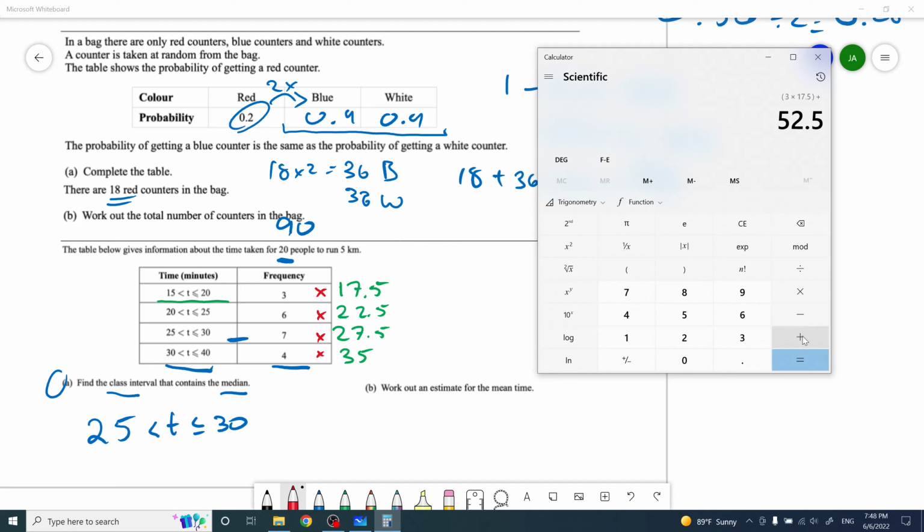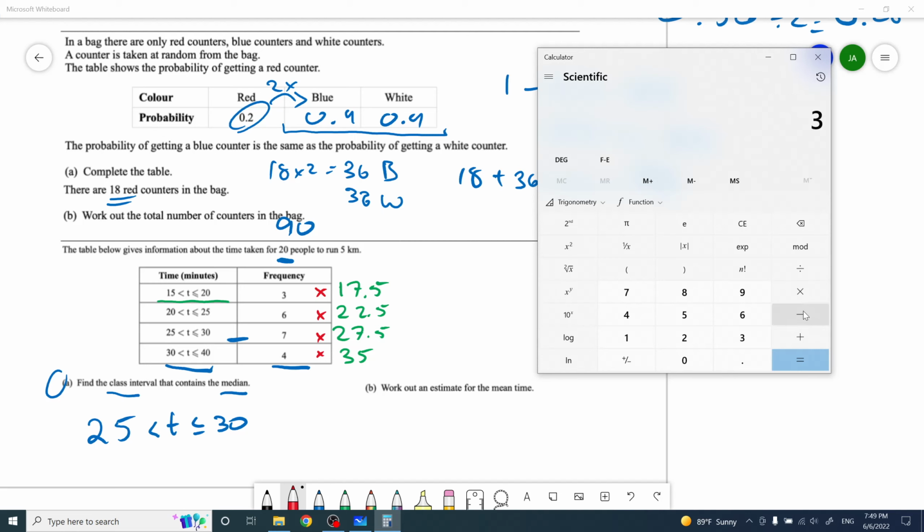Then we're going to add that to 6 times 22.5. Oh, I didn't put my brackets in. That's not good. Let's go back. Oh, it doesn't want to let me go back now. Okay, that's a bummer.